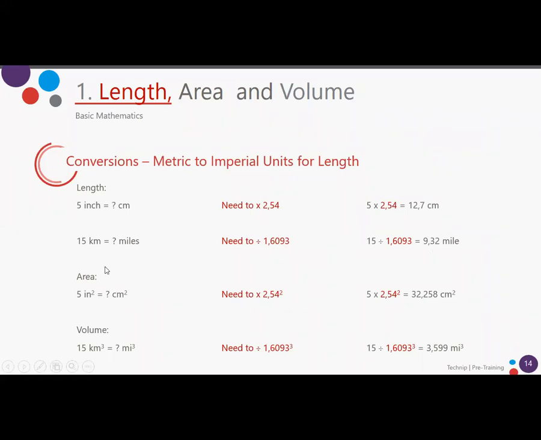Area. Again, remember, we have to square our conversion factor. So 5 square inches expressed in square centimeters, we need to multiply by 2.54 squared. So 5 square inches will be 32.258 square centimeters.